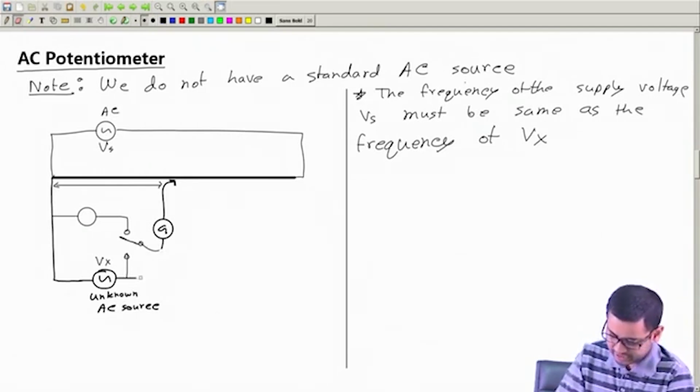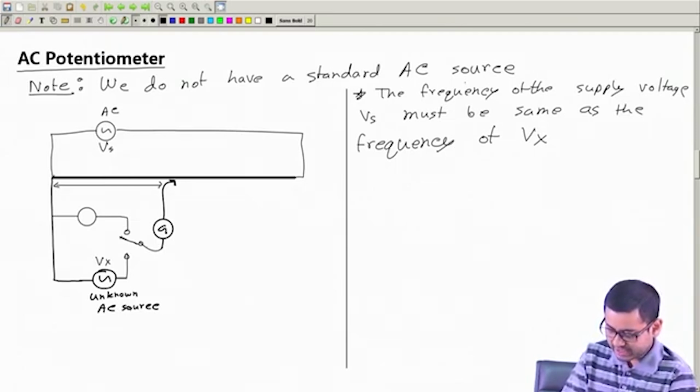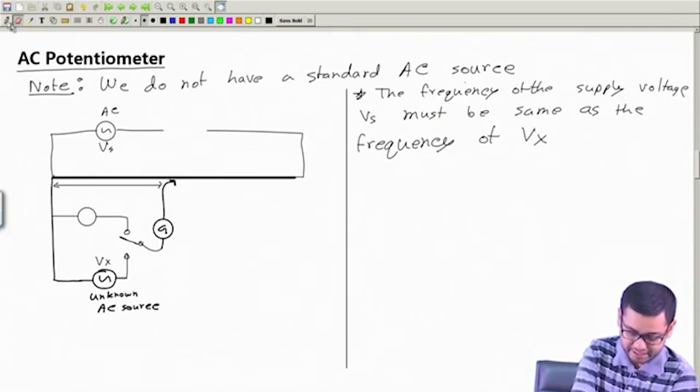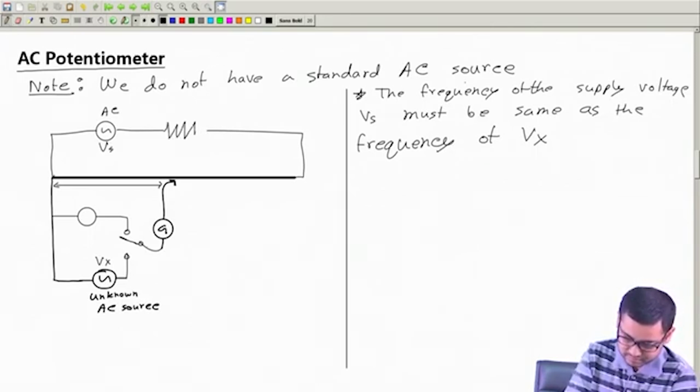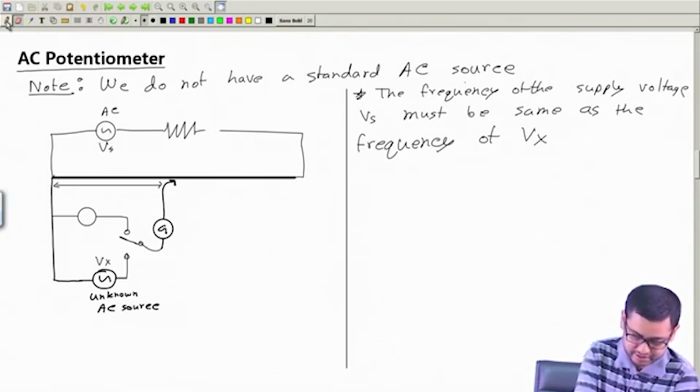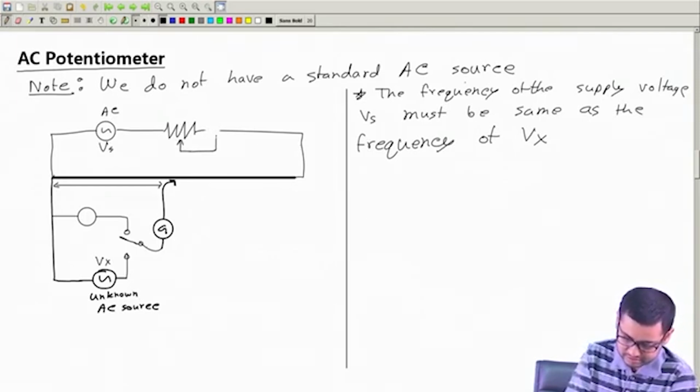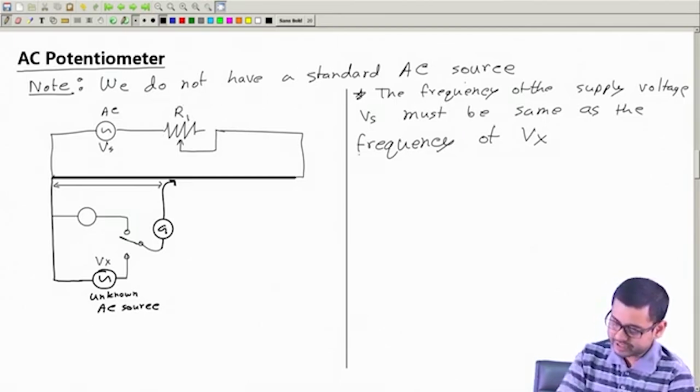In the standardization phase, if you recall what we did in case of DC, we first connect it to the standard cell, and then we set this to a convenient length, and then we adjust the current through the wire. For that we need a rheostat, so you can draw a rheostat like this, R1.